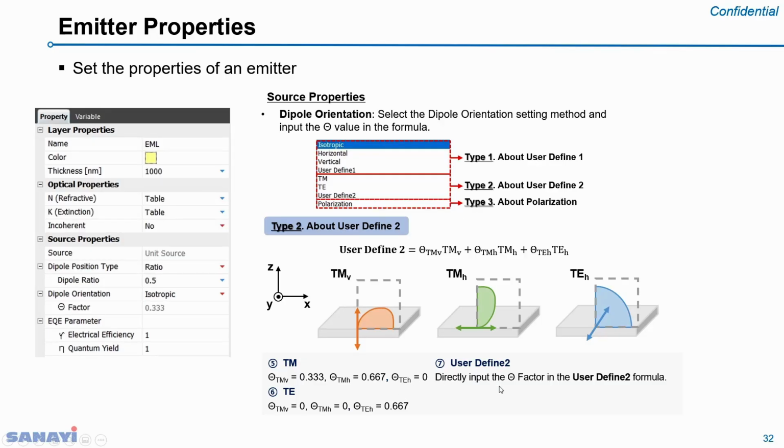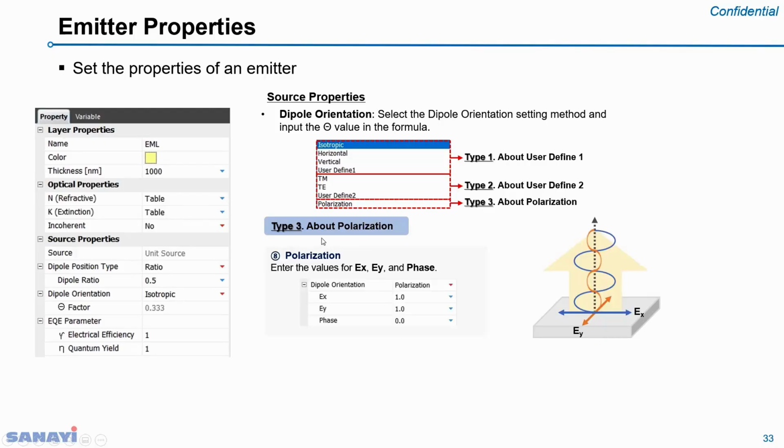In the same way, if you want to enter the theta factors directly, choose user-defined 2 and input the theta factors. Finally, polarization is used when setting a light source with polarization components. Enter values for EX, EY, and phase.